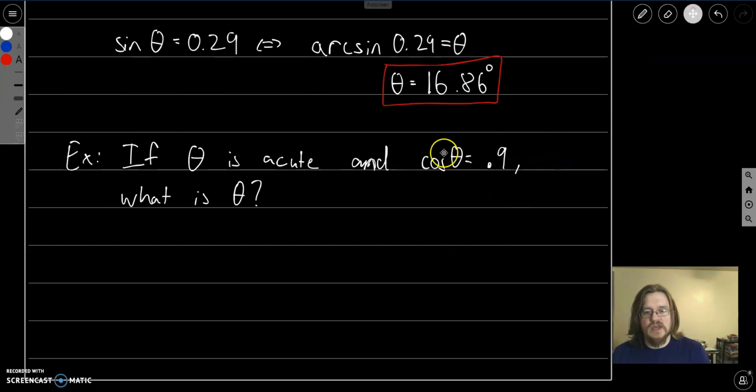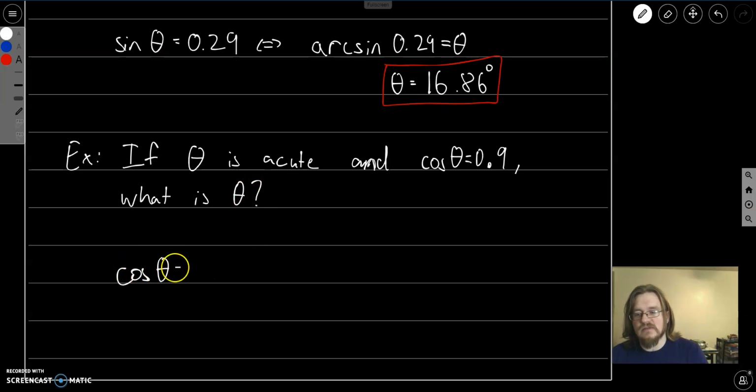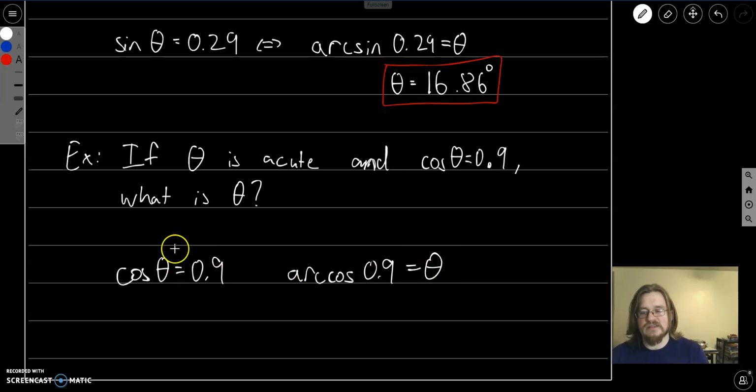If theta is an acute angle and cosine is going to be 0.9, what is theta? Well, again, if we know that the cosine of theta is going to be equal to 0.9, then the arc cosine of 0.9 is equal to theta. It allows us to switch the position of those guys.